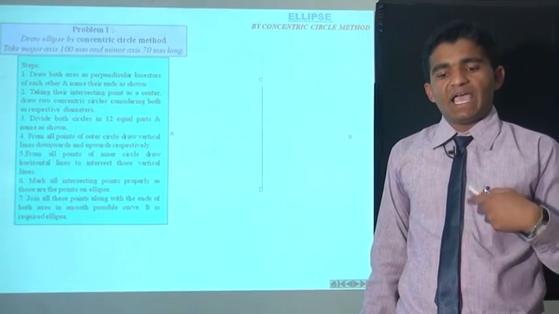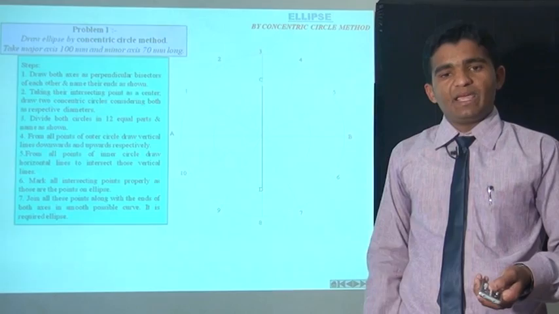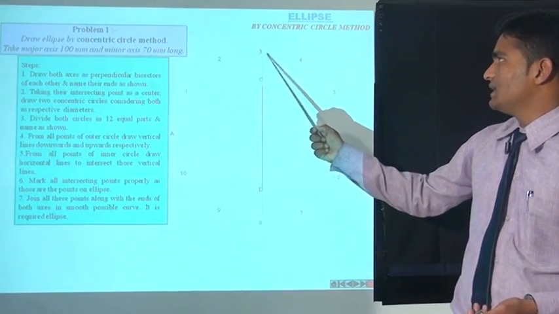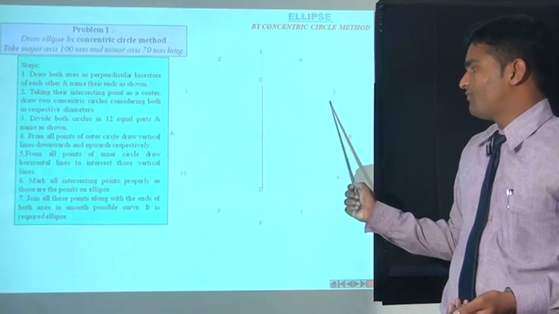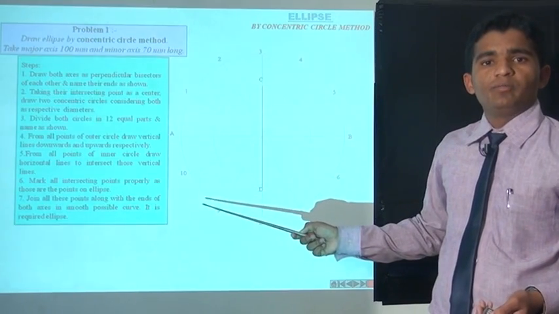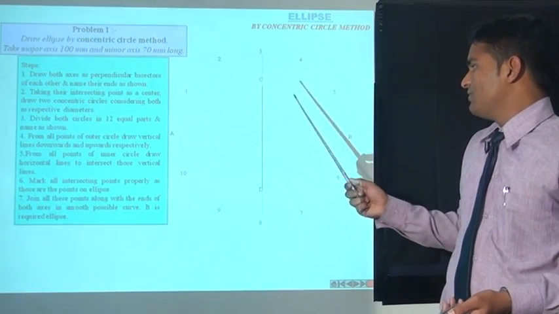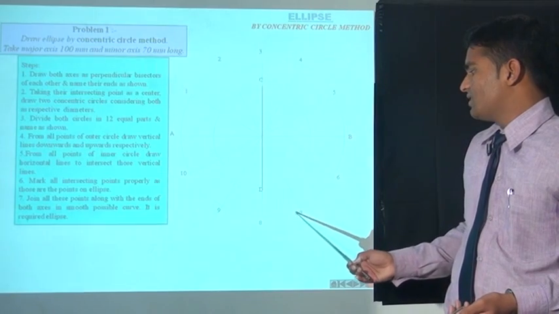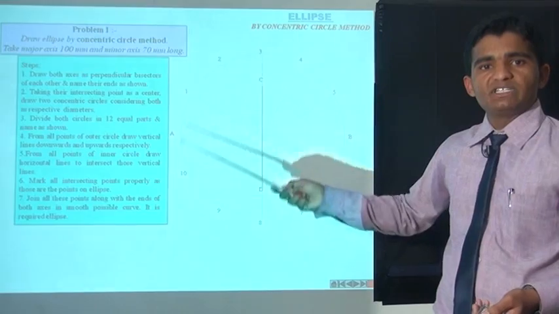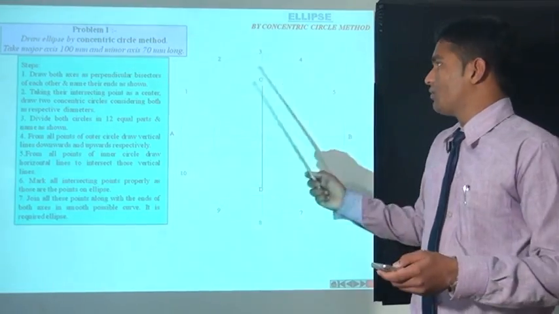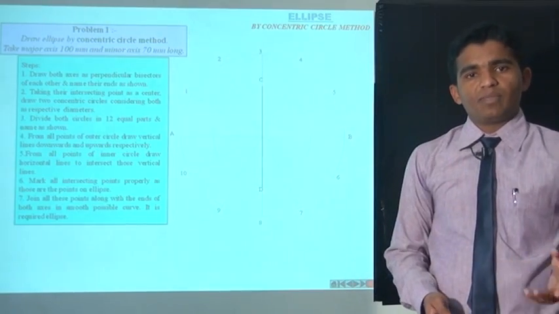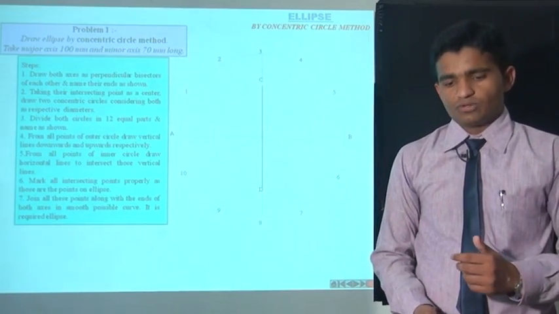The points above the line AB, name them point 1, point 2, 3, 4 and point 5, and the points below the line AB, name them 6, 7, 8, 9 and 10. Do this numbering in a clockwise manner. Give the same numbers in the inner circle also.